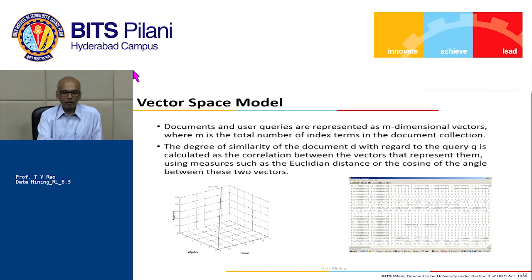Whenever we are looking at the similarity of the document with respect to the query, we need to look at the correlation between those two vectors. That correlation can be found using techniques such as the Euclidean distance or the cosine between the vectors. And thereby we will determine whether the document is relevant for the query.